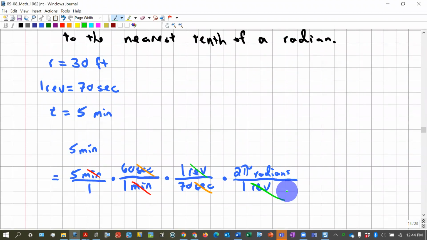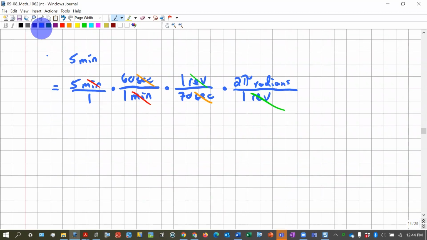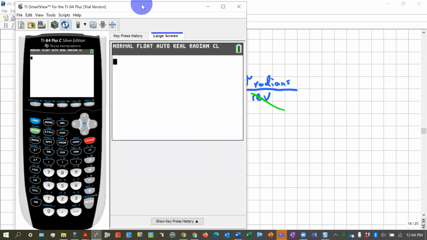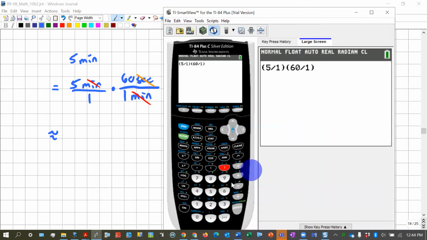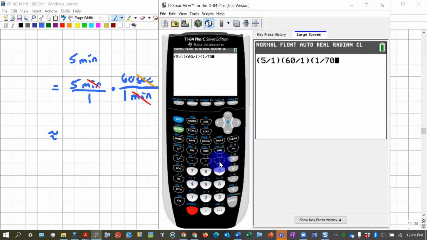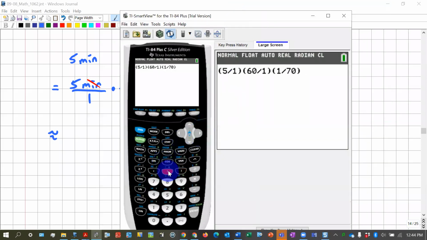So what did I say? Nearest 10th this time? So 5 divided by 1 times 60 divided by 1 times 1 divided by 70, which if there's addition in my numerator or my denominator, then I can't break it apart as these separate fractions.